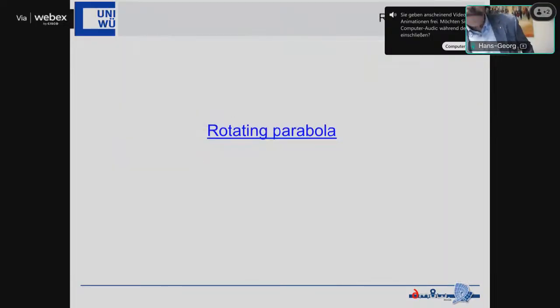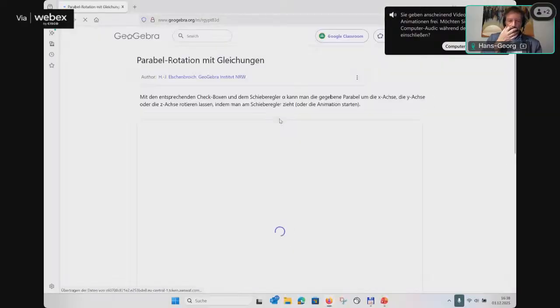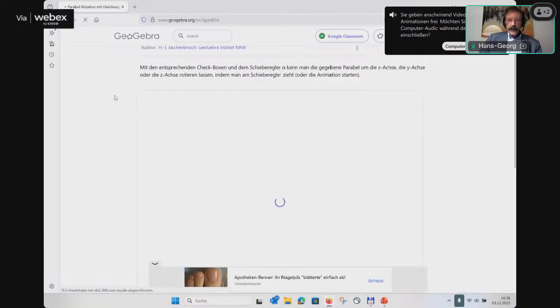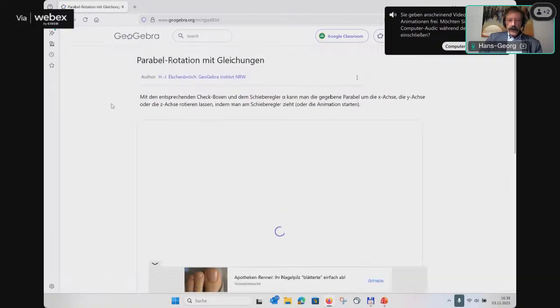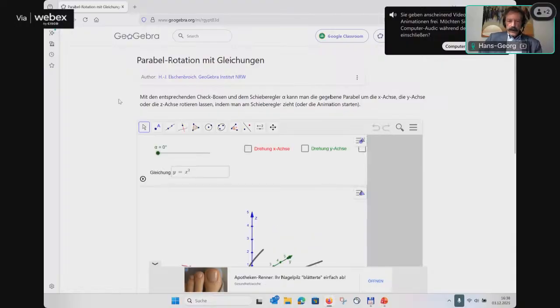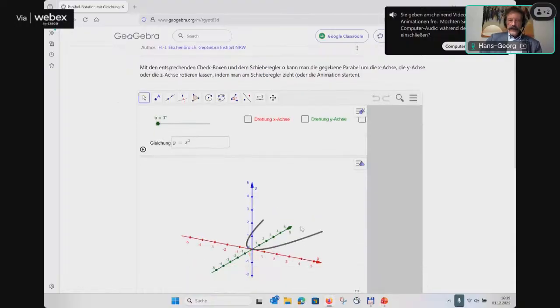So this is another example of this relationship between 2D and 3D. If we look at a parabola in 2D, this simulation is done by my friend Jürgen Elchenbroch, and he has done this parabola, and you can rotate this around the y-axis.